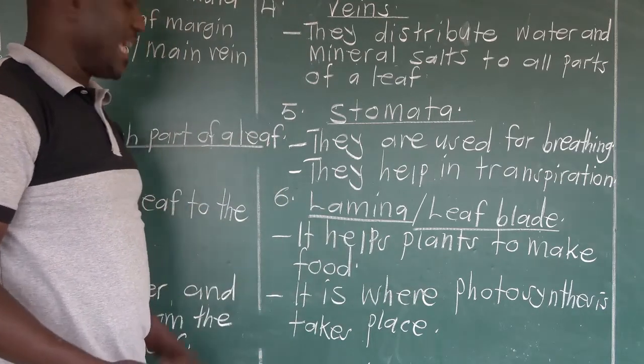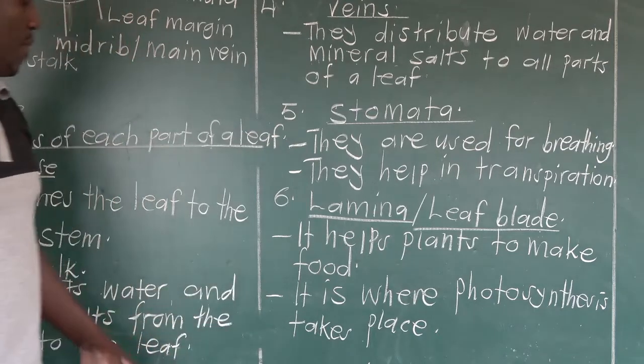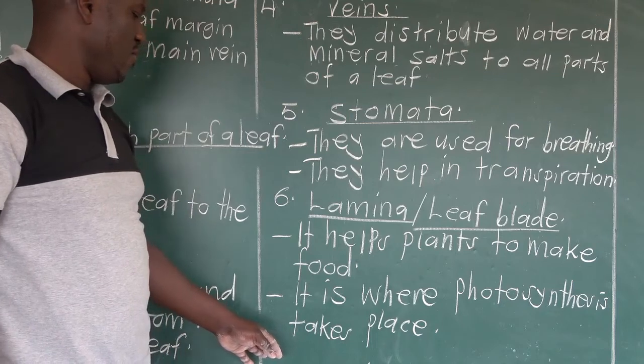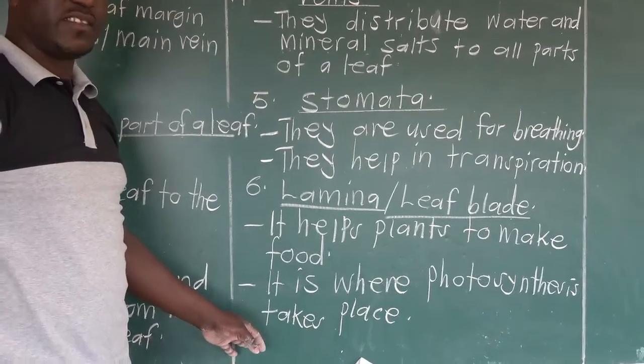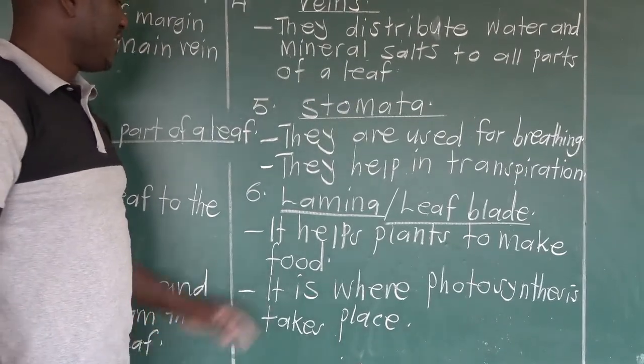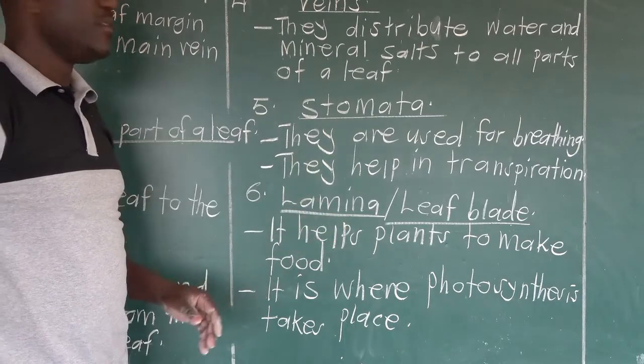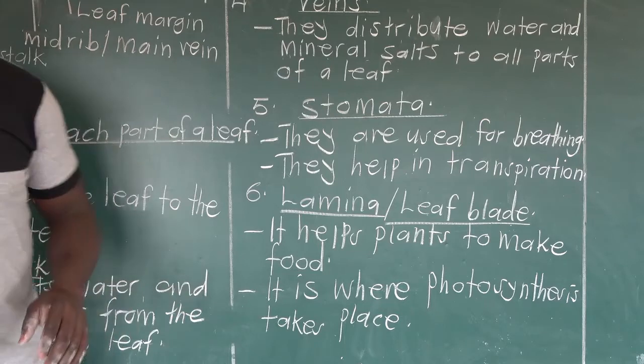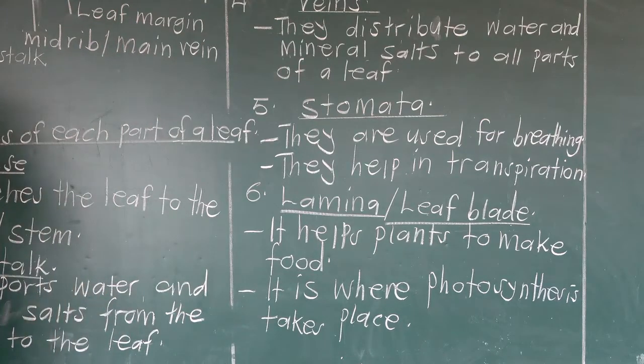Examiners usually like asking questions like, which part of a leaf does photosynthesis take place? The answer would be lamina or leaf blade. It's the only part of a plant where photosynthesis takes place.